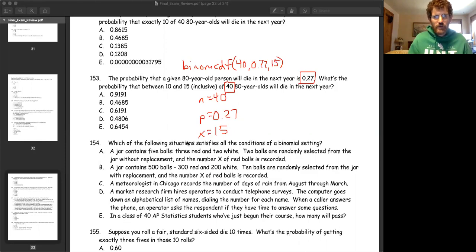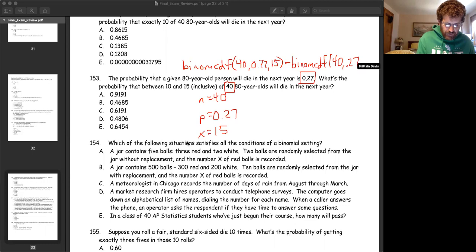But of course, we don't really want to know the probability of 0 through 9. 10 is the first one that we're interested in. So now, and this is the new thing, here's where I would want to subtract another cumulative binomial probability. Still 40 trials, still a 0.27 probability of success, but now I want to go up to 9. What this does is subtract away all the probabilities of 0 through 9, so I'm left with only the probabilities of 10 through 15.